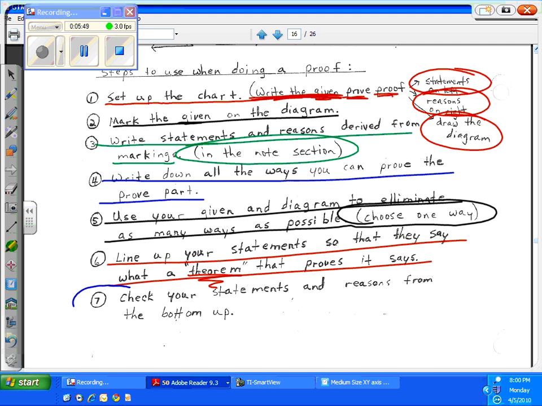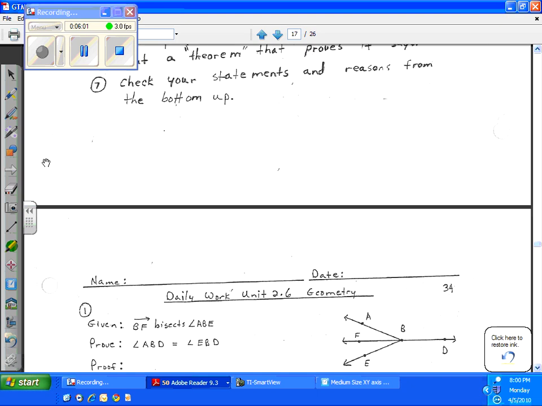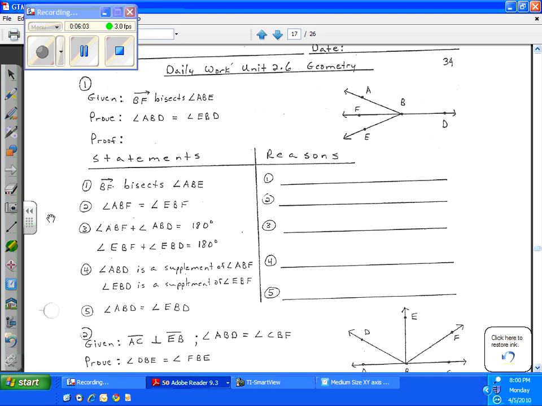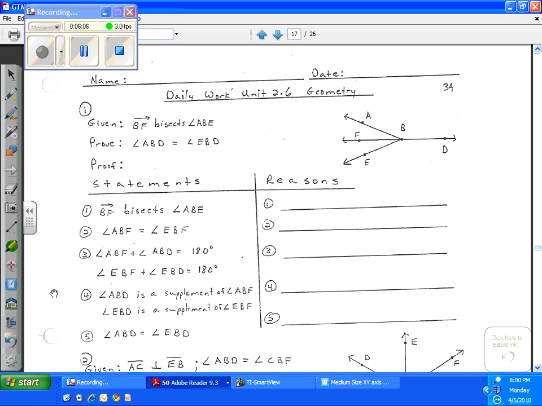Once you think you have your proof done correctly, here's how you check it. You check the statements and reasons from the bottom up, and we'll make all of this make sense in just a moment. We hope. It takes a lot of study and a lot of thinking to get this to happen. But just hang on and we'll take you through it, and hopefully that'll make good sense.